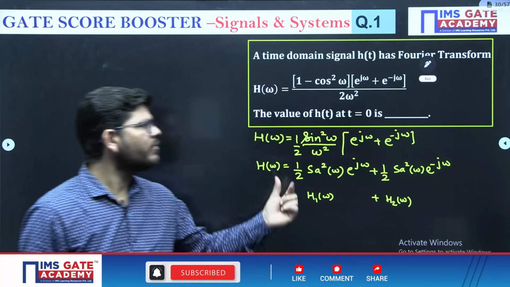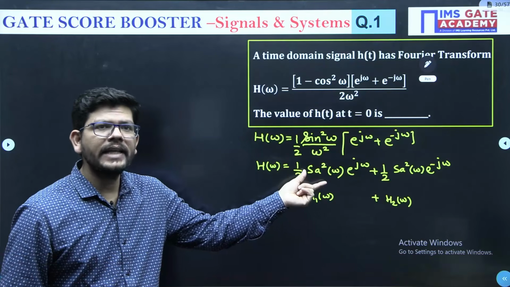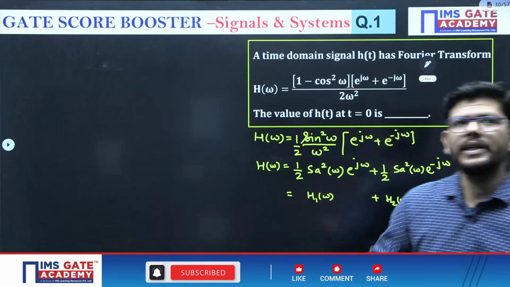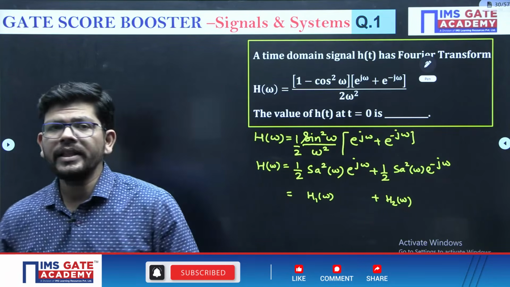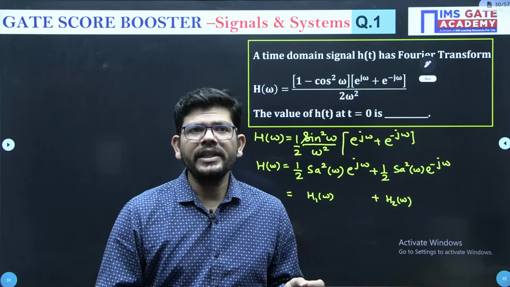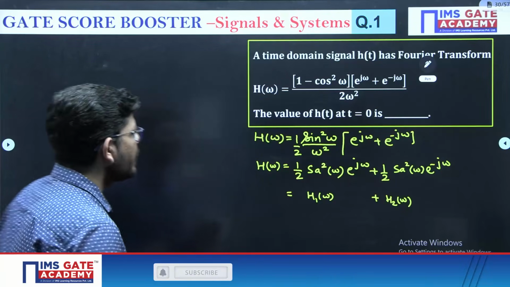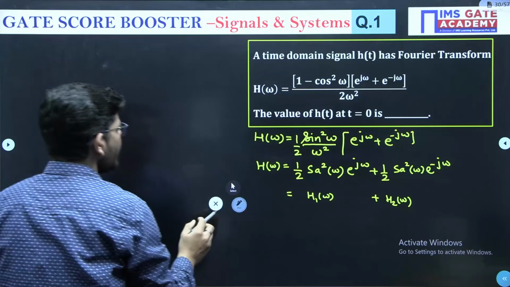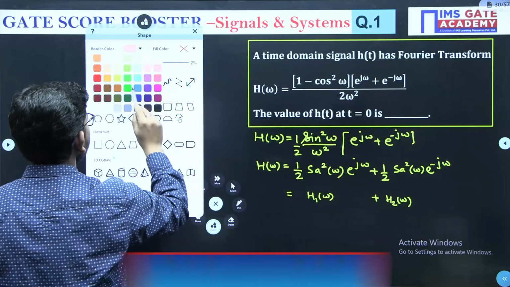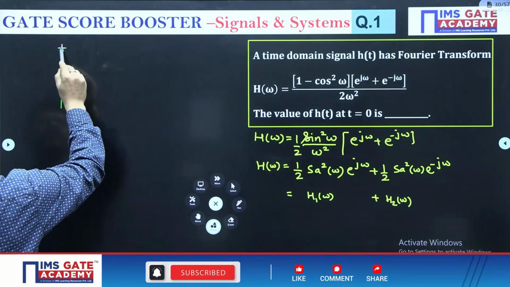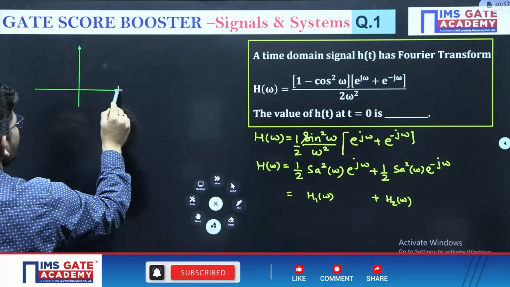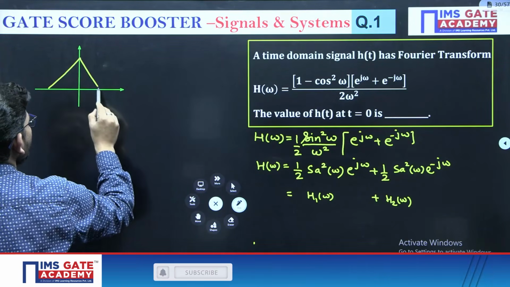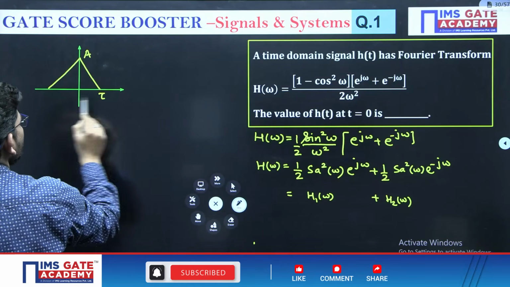What we can see is that the frequency domain is Sa squared. Now you have to recall, when the time domain is a triangular signal, then the frequency domain is Sa squared. What I'm trying to say is that if you have a triangular signal in time domain, then the frequency domain will be Sa squared.